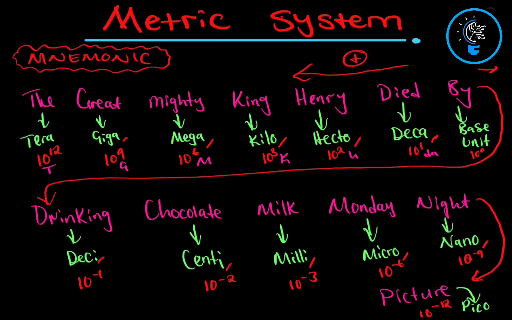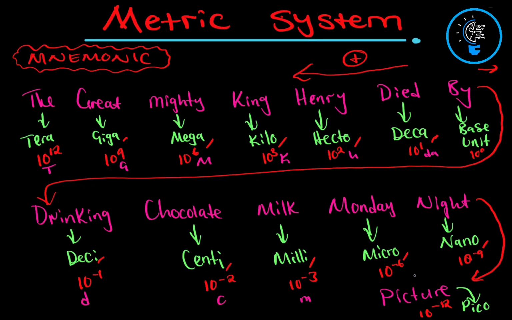The base unit, we know that. Des is represented by small letter d. Cent is represented by small letter c. Milli is small letter m. Micro has a unique symbol.